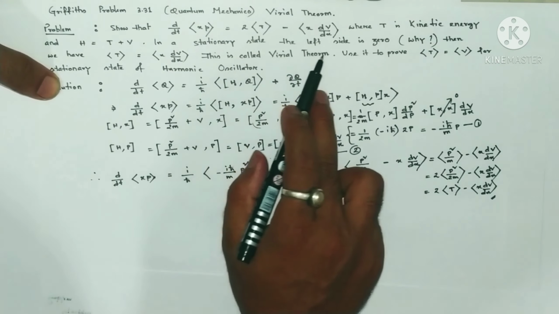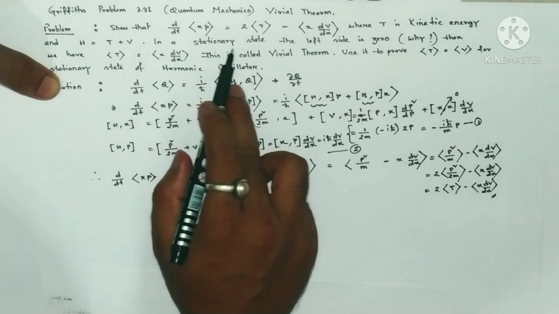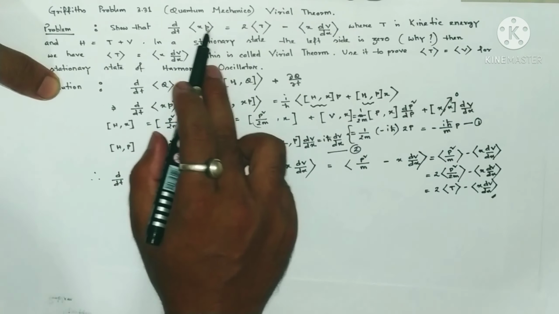Then next, they have said why, in the case of a stationary state, the left side term is 0. Why is it so?